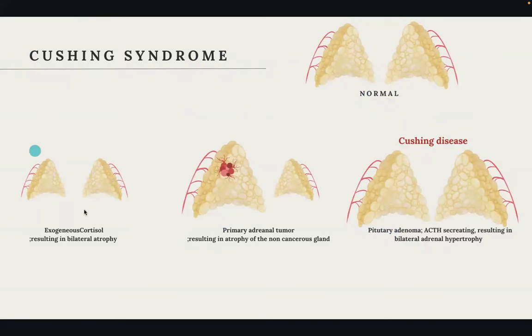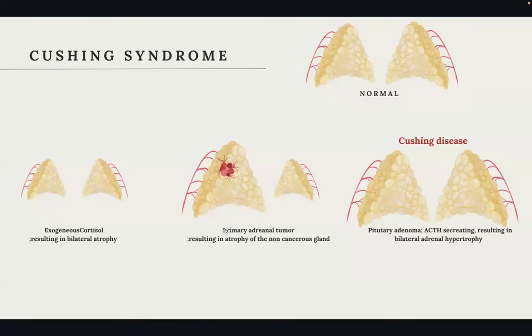So again, just to revise, this is the normal case. This is an exogenous cortisol problem. If I were to have a lot of cortisol received exogenously, it's going to be sensed by my pituitary, causing negative feedback inhibition. ACTH is going to decrease, and this is going to cause bilateral atrophy of my adrenal glands. Now, what if I were to have a cancer directly in my adrenal gland? It's producing way too much cortisol.